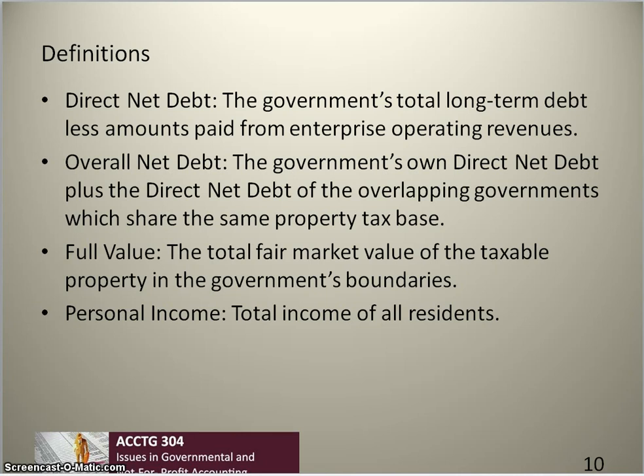It may be slightly different from the reported assessed value, because in some cases assessed value is measured differently than the total fair market value. And personal income is the total income of all of the residents within the government's jurisdiction, and that statistic is reported by entities like the Bureau of Economic Analysis and the Census Bureau.